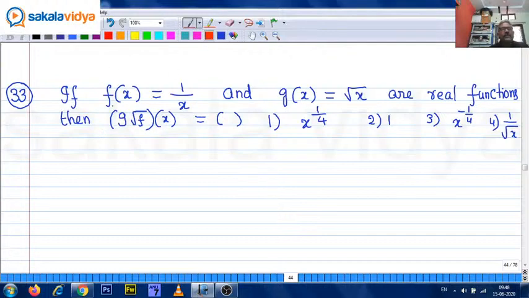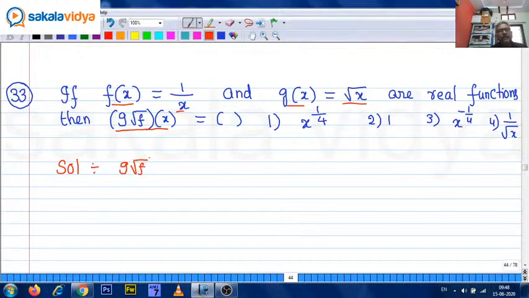F of x is defined as 1 by x, g of x equals to root x are real functions, then g root f of x we need to find out.